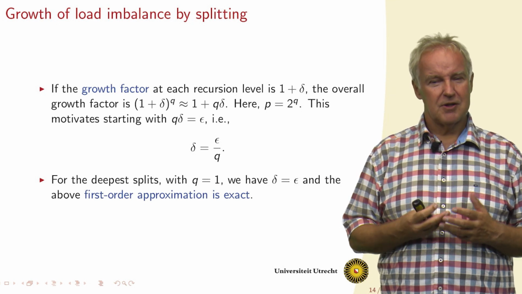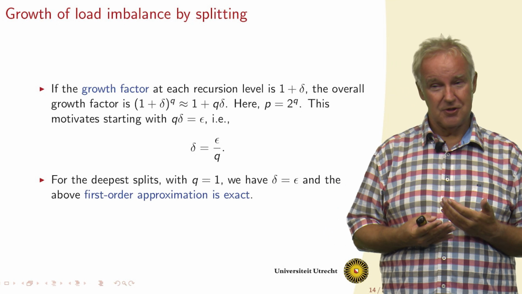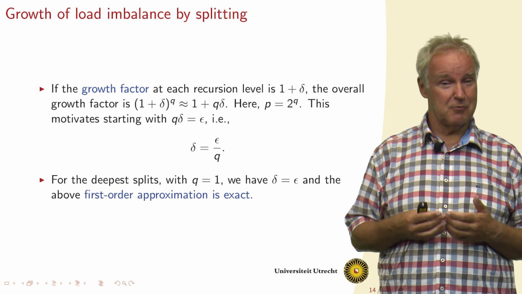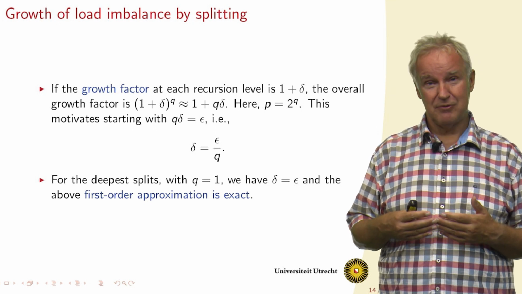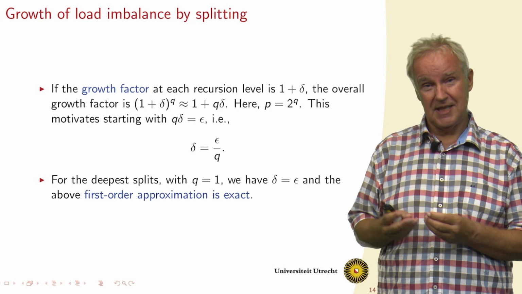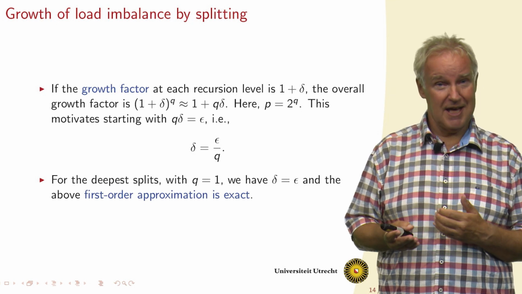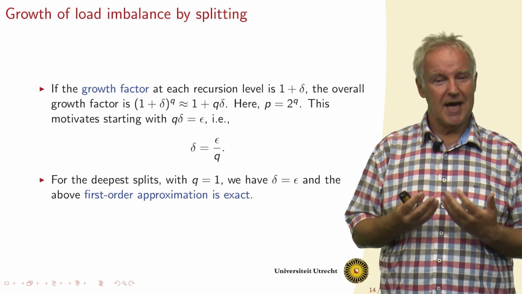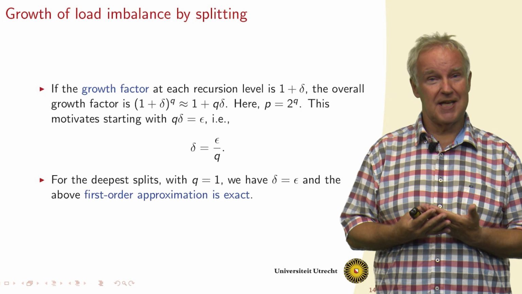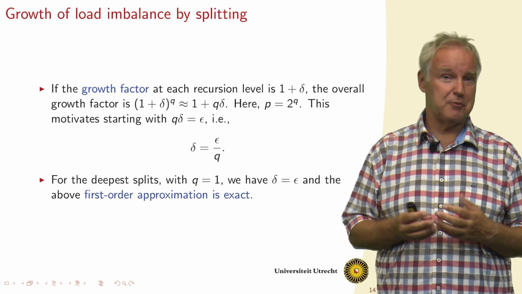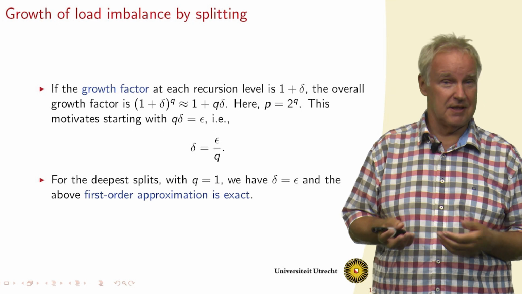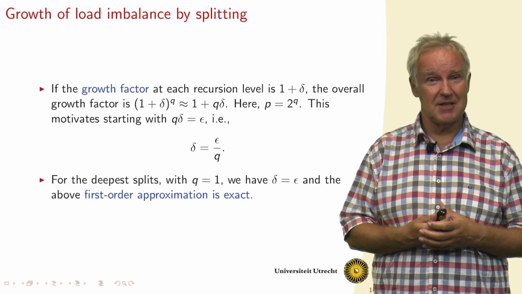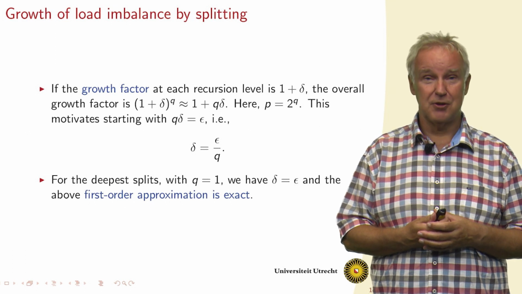So if the imbalance causes the number of non-zeros locally to grow by a factor of 1 plus delta, and each matrix will be split in 3 levels, or q levels, which is log p, then we have a total growth of (1 plus delta) to the power q, which we can approximate by 1 plus q delta, giving a choice of delta equal to epsilon divided by q.